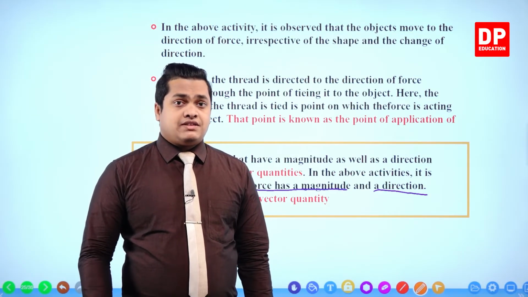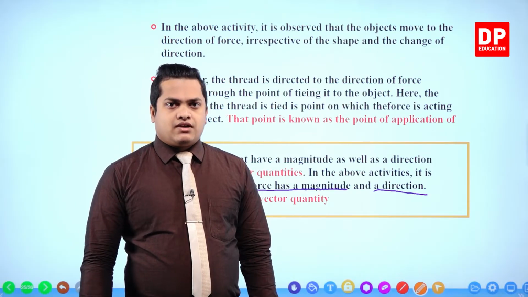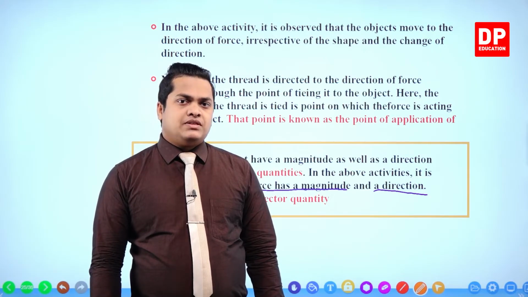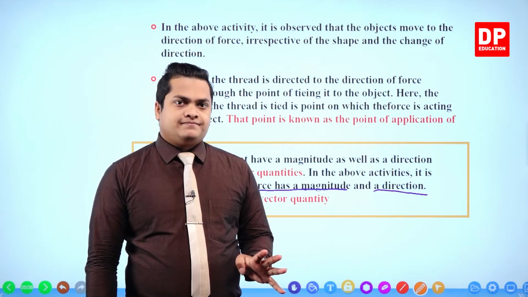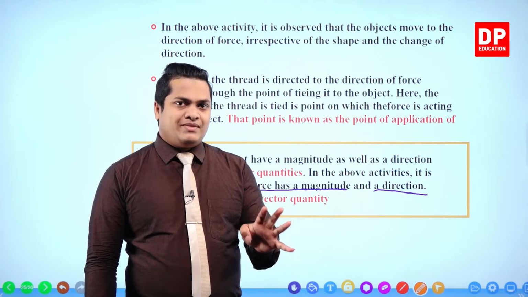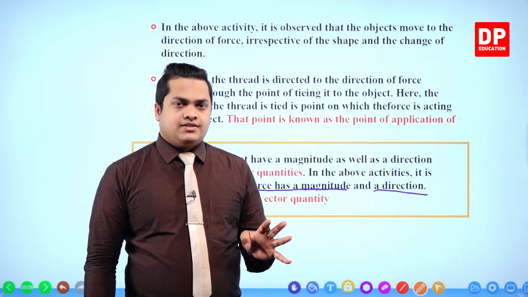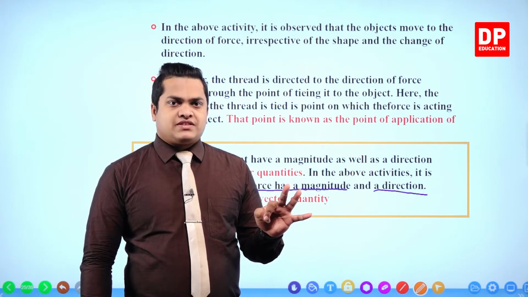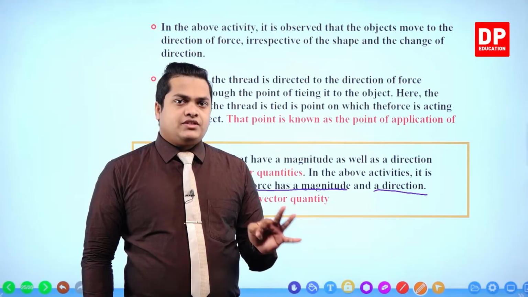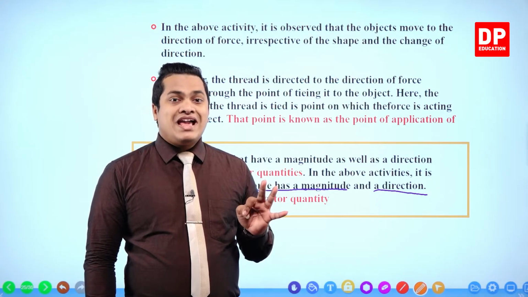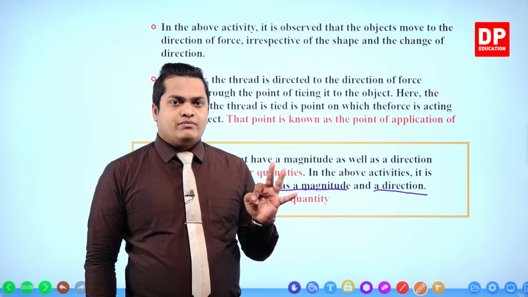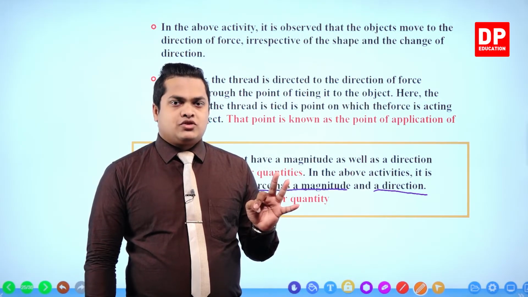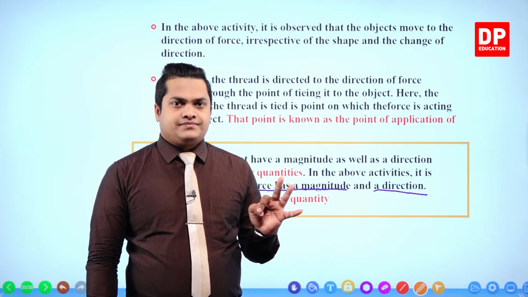Like that, there are several scalar quantities we come across in our day-to-day life. Such examples are pressure, which we will be learning in the next lesson. Then when you are taking account of the amount of something, definitely it's reflecting just a count only. Like the mass of a certain substance. I told you, by using the mass we are measuring the number of particles contained in it. So mass is a scalar quantity.